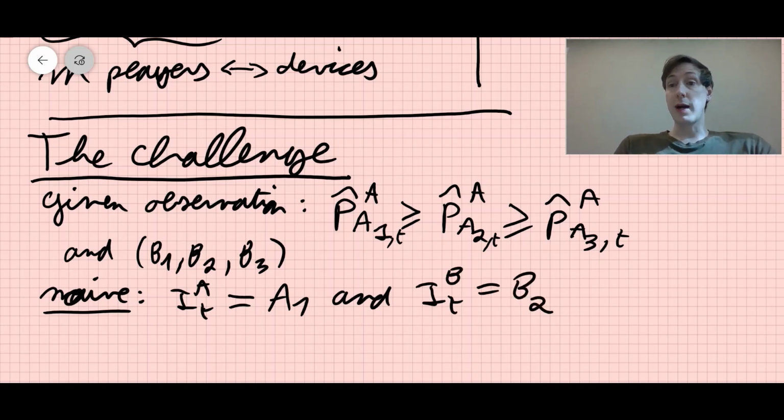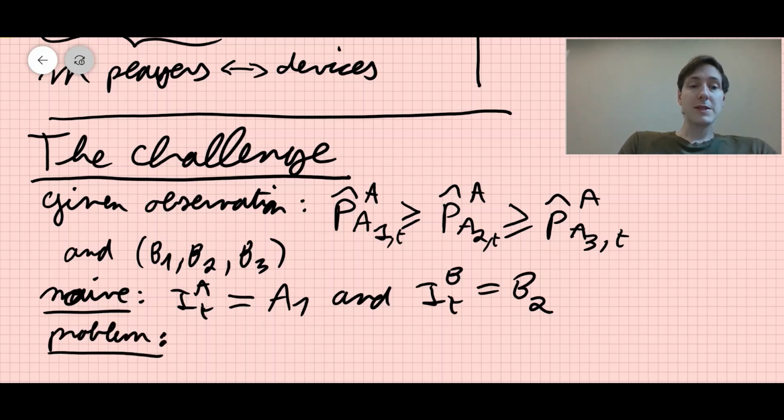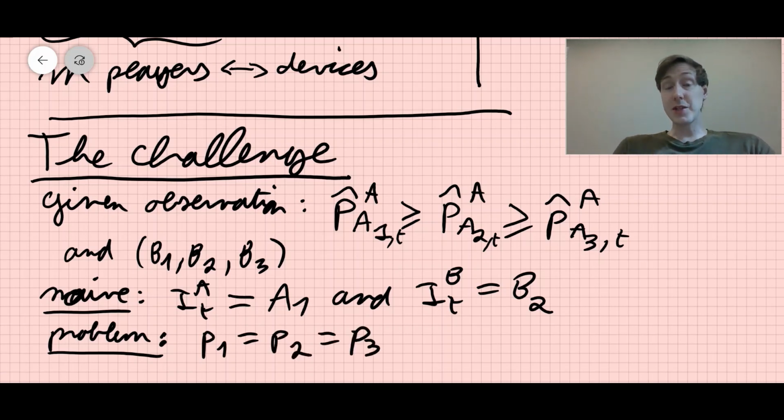They don't want to collide, so they certainly don't want to both play the best action, but maybe they agreed beforehand that Alice will go for the best action and Bob will settle on the second best action. But there is a very simple problem here. The problem is that P1 could be equal to P2, could be equal to P3, for example. In this case, there is just no best action, and which one is the best empirically is basically a coin flip.